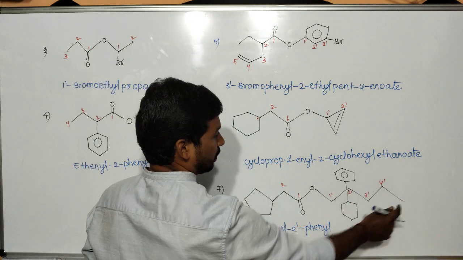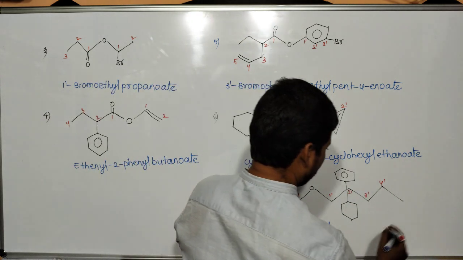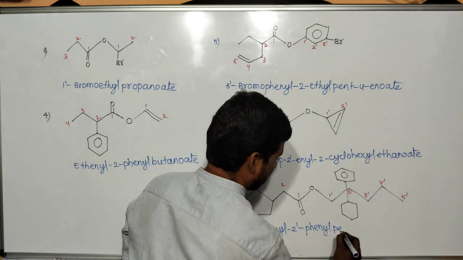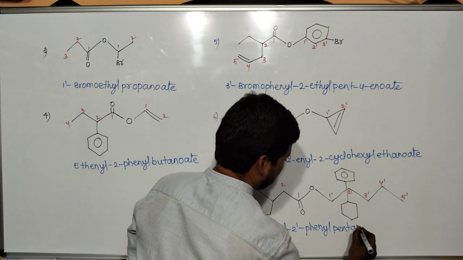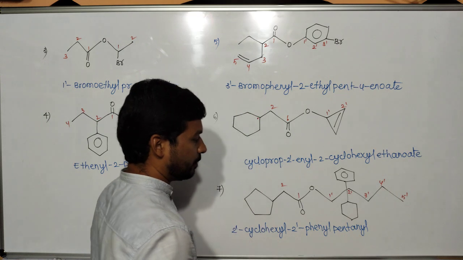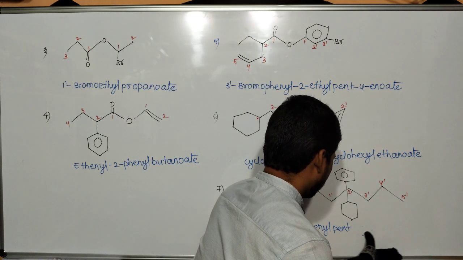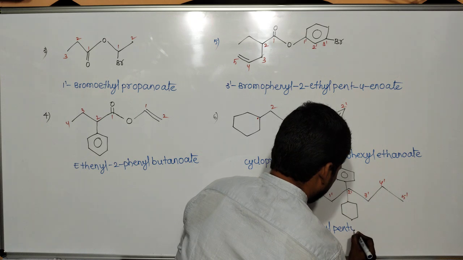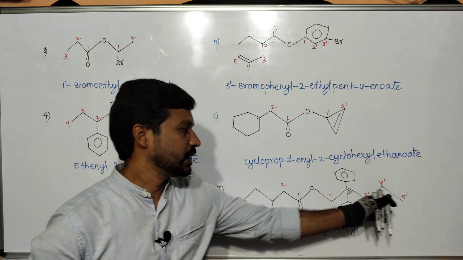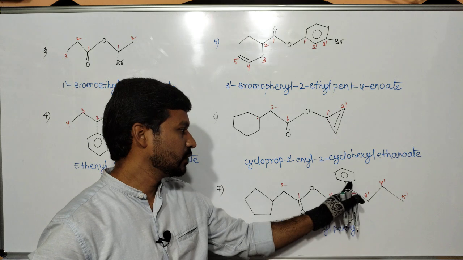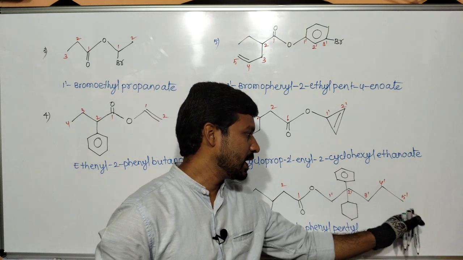How many carbon atoms here in total? 5 carbon atoms. Pentyl, not pentenyl, pentyl. Which pentyl? This is a pentyl group: 2 prime cyclohexyl, 2 prime phenyl, pentyl.